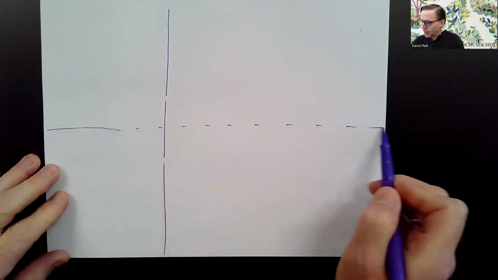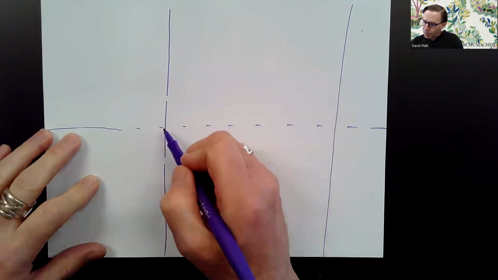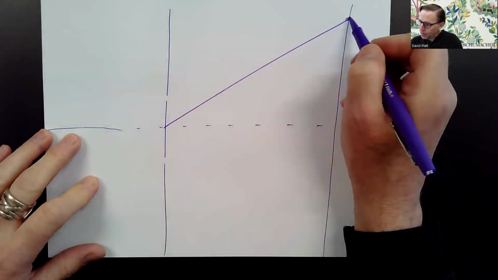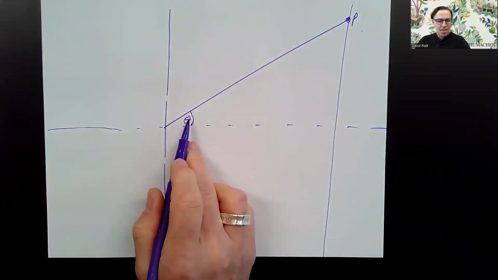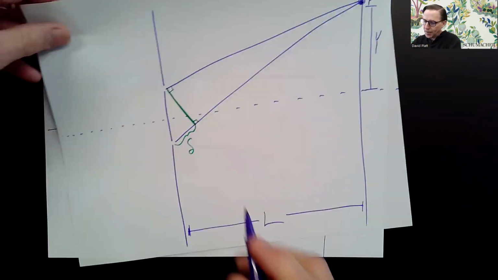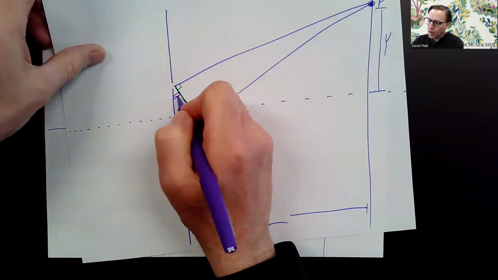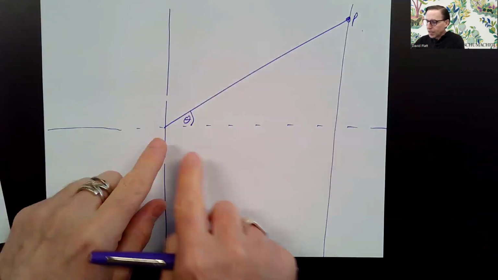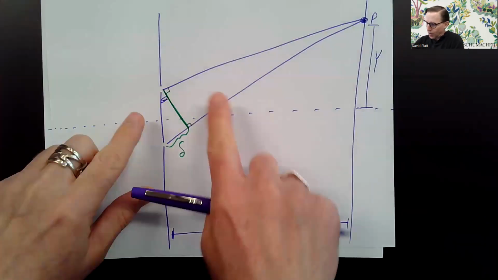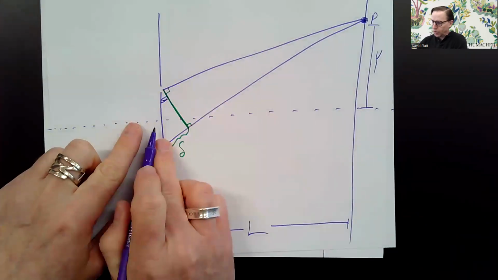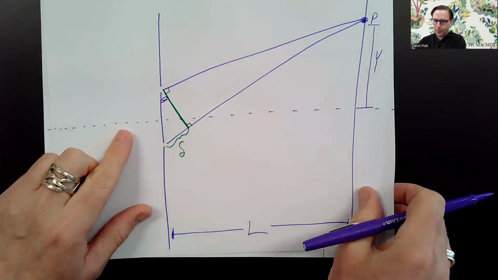Dotted line, screen over here. From the center up to point P, I'm talking about this angle here. And that angle, theta, and this angle, theta, are the same. Do you see if I go straight across, theta is 0? And if I go straight across, this closes down, and this theta is 0.